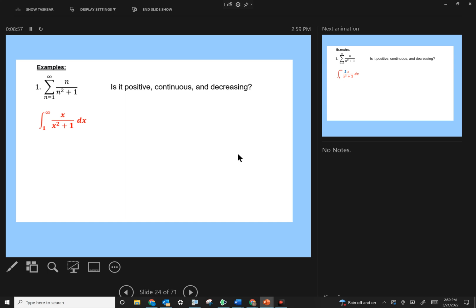What would I need in order for it to be a u prime over u? Wouldn't I need a 2 up there? Oh, but what do I have to do to make up for that? Pull the 1/2 out in front. So when I integrate, I'm going to get 1/2 what? Natural log of x squared plus 1.